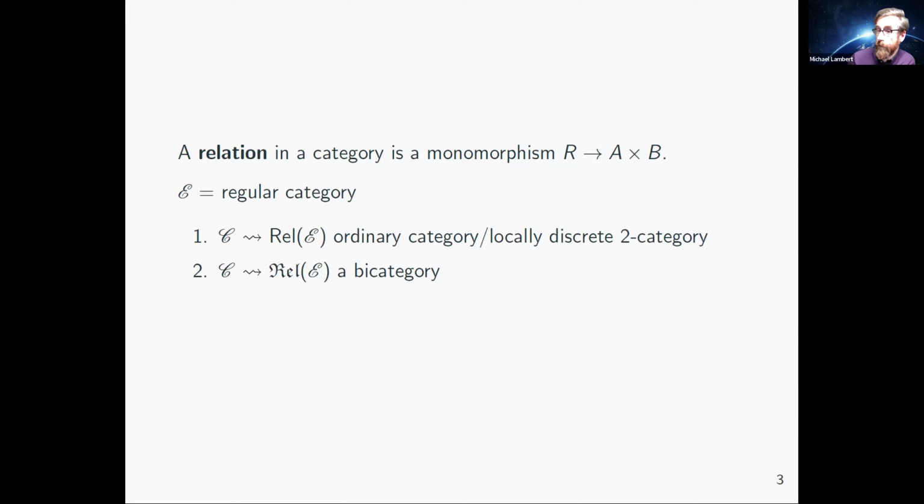Or if you didn't want to do that, you might end up with a bicategory instead. And then finally, there is the double category of relations, where the ordinary arrows are just arrows in the category, and the pro arrows are relations. And of course, you have this external composition, which is associative up to coherent isomorphism.